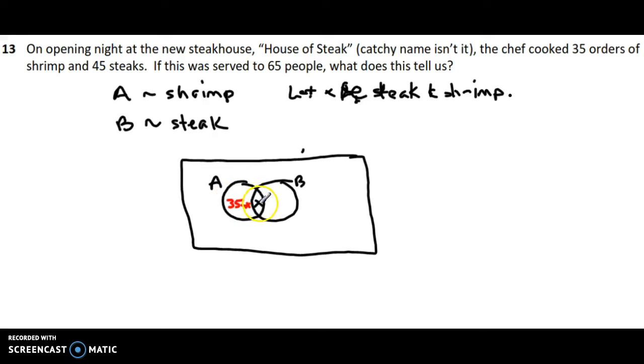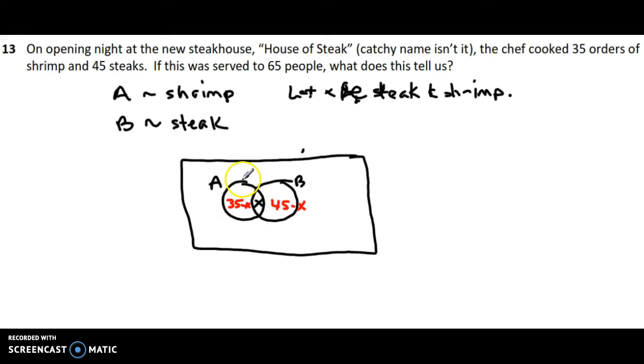So if X represents those who ate steak and shrimp, then 35 minus X must represent those people who only ate shrimp. Similarly, over here for set B, there were 45 people who ordered steak, so 45 minus X must represent those who ordered steak only.